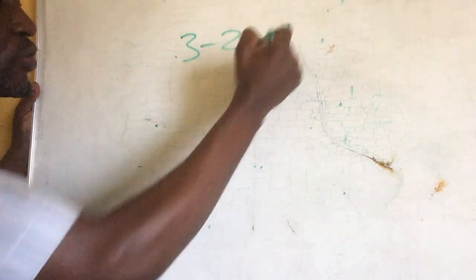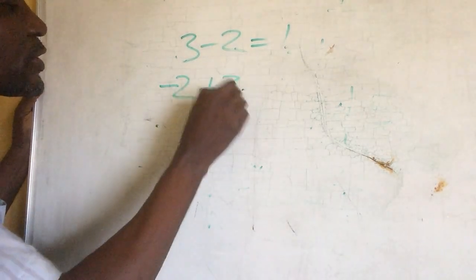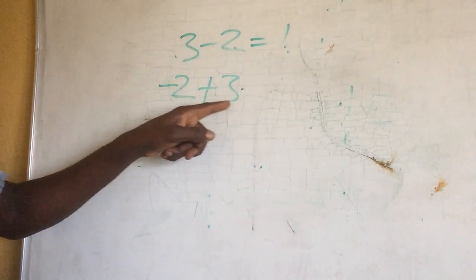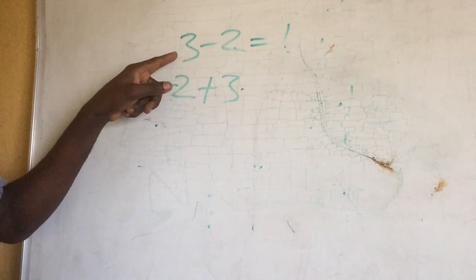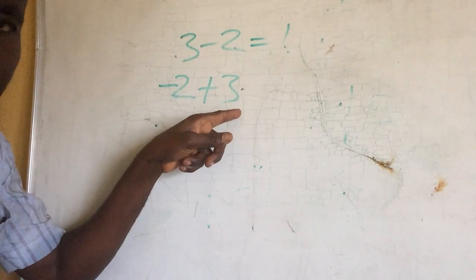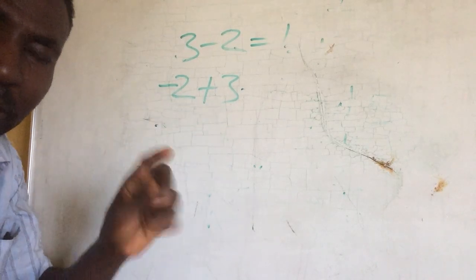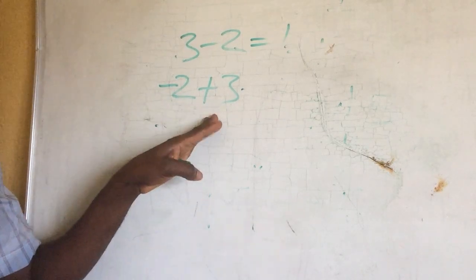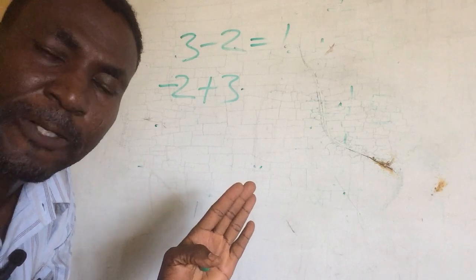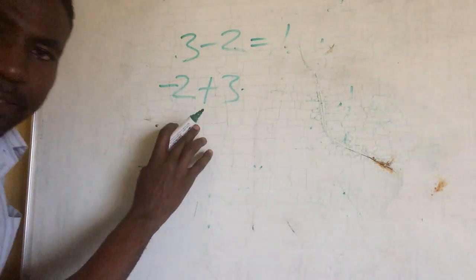They will quickly tell you it's 1. But when they see minus 2 plus 3, remember that you can write this with plus 3, or you can write it like this. But in case of this way I'm writing it, you must put plus 3 so that it will blend like this. That is the mathematical way. You cannot change it when you want to join it with 2 numbers. So like this, okay?